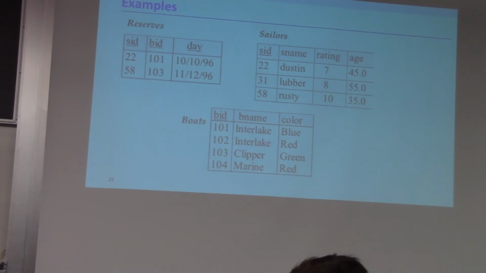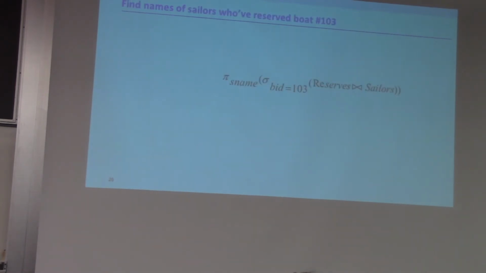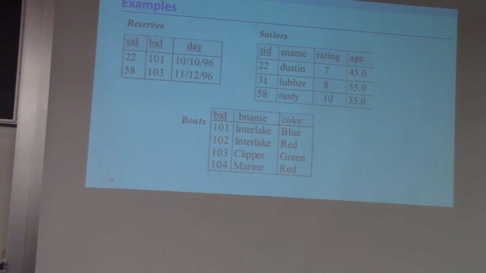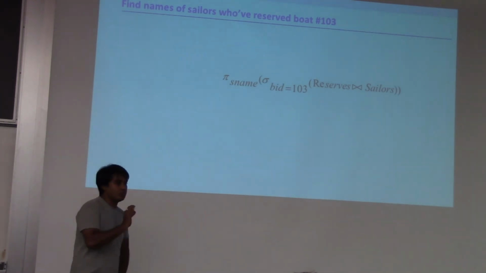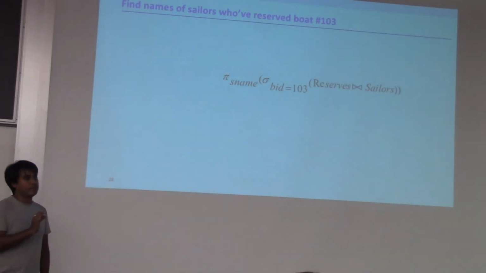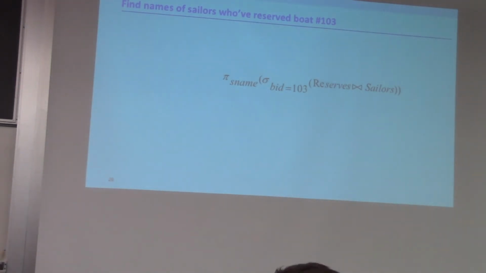And we have to find out the sailors who have reserved boat 103. So what we did: the natural join of reserves and sailors, and we selected the boat with ID 103. Then we projected the names.